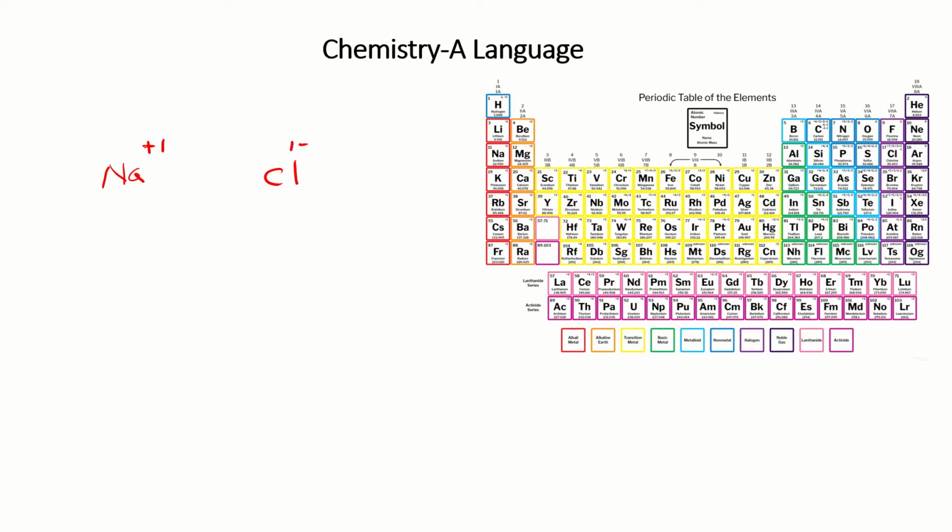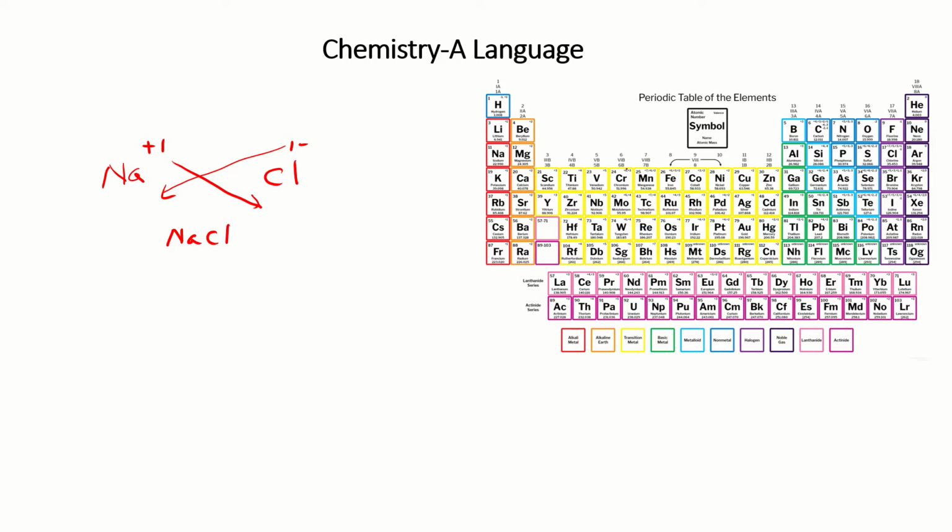And when these elements come together, there is charge neutrality. So in order to achieve charge neutrality, these atoms combine in a suitable ratio and give you the formula.